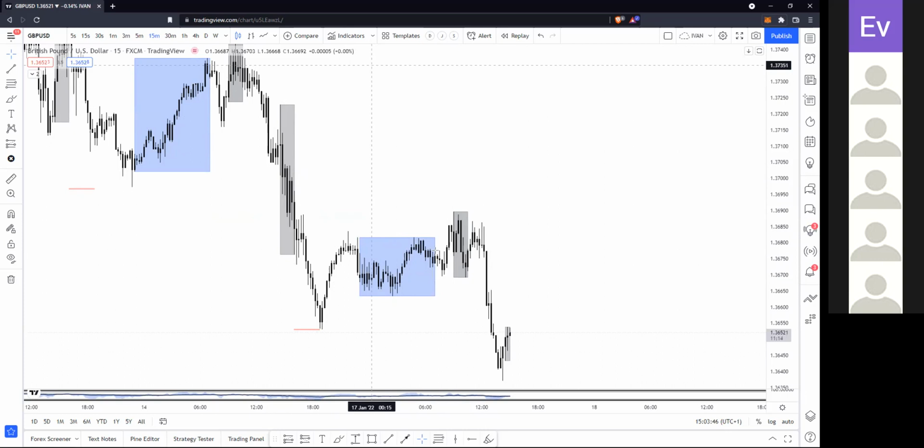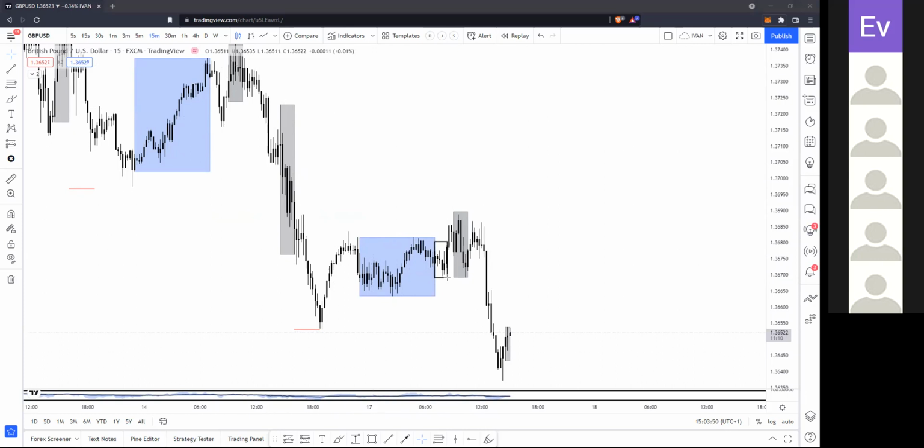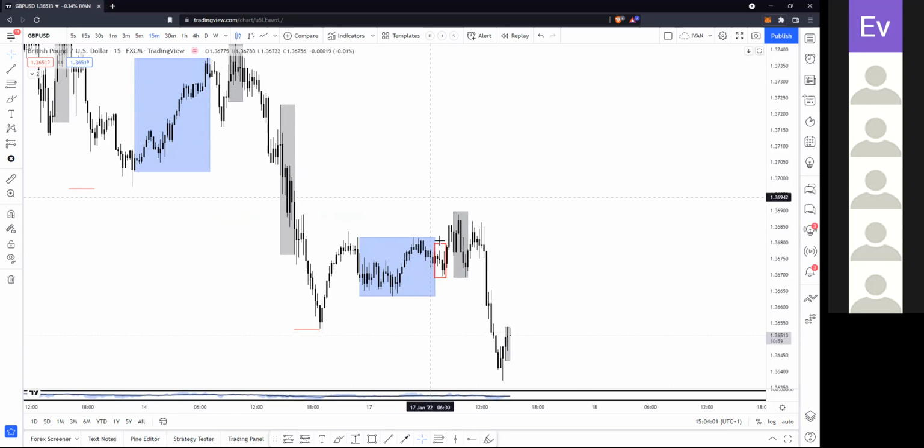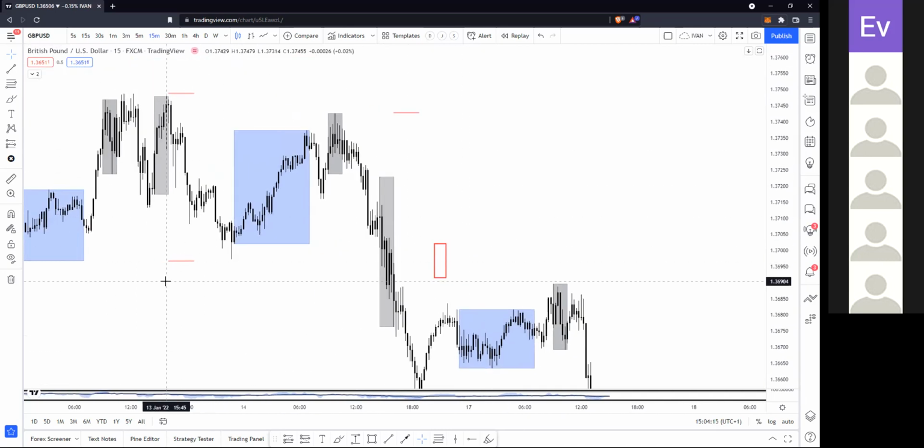What happens after Asia session is actually Frankfurt session. And Frankfurt session, its job is to do nothing. Frankfurt doesn't move. Frankfurt is basically dead from 7 to 8. It doesn't really give you anything. We need to wait.